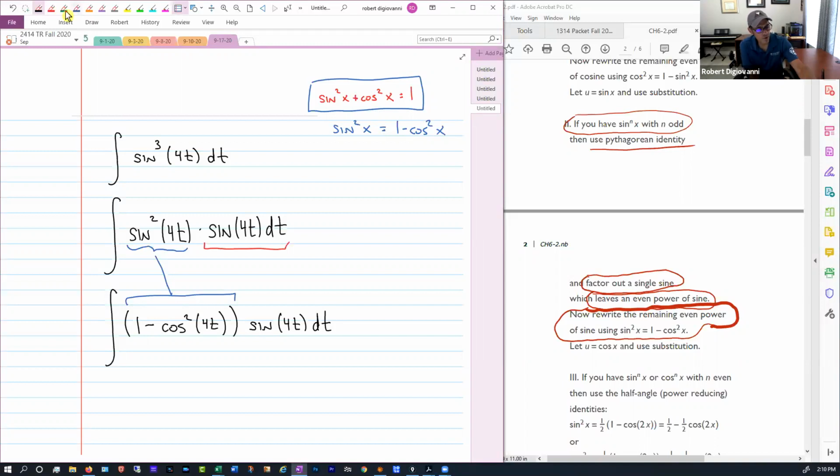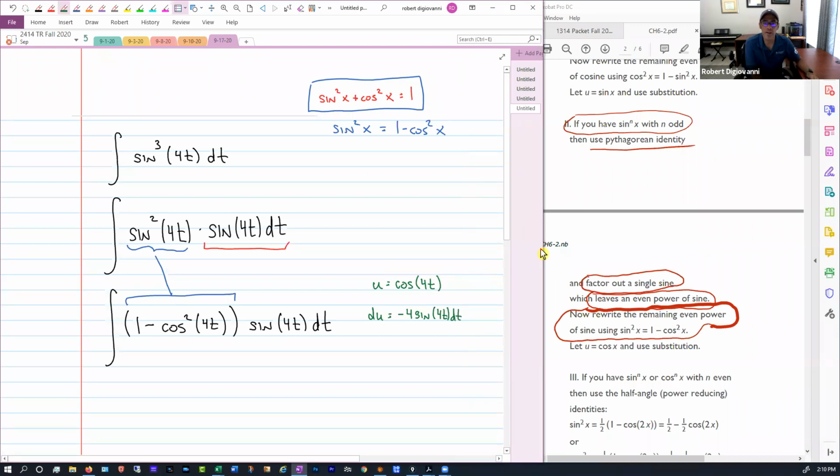So you can make a substitution now that u is equal to cosine of 4t. The derivative of that is -4 sine 4t. Where'd that -4 come from? Chain rule there, right? Chain rule.